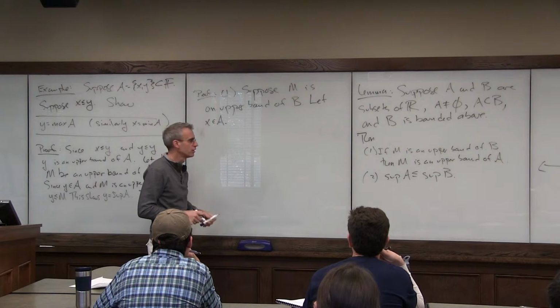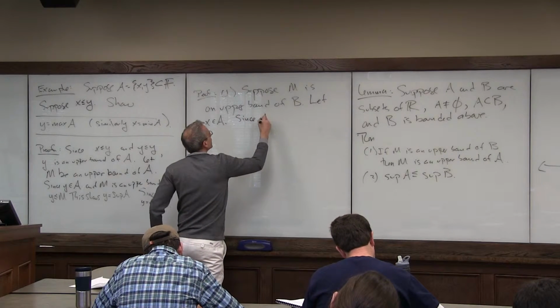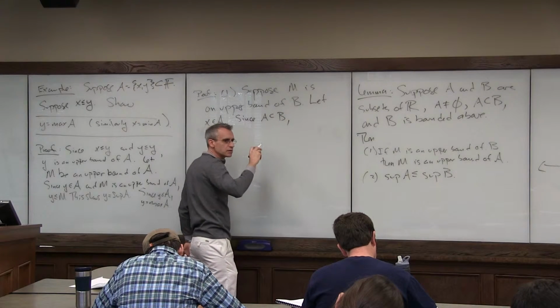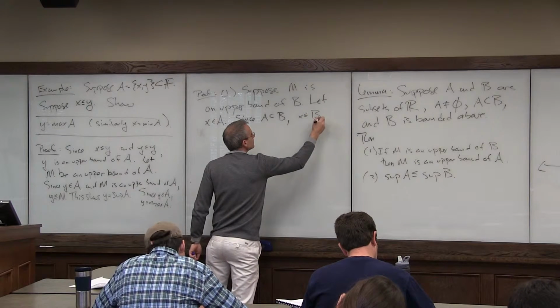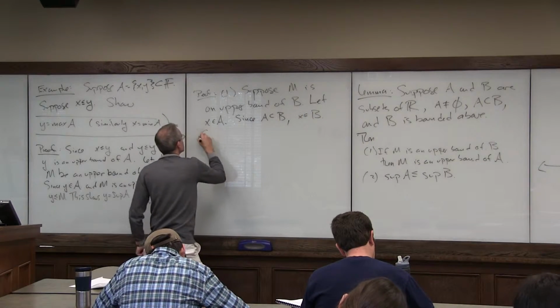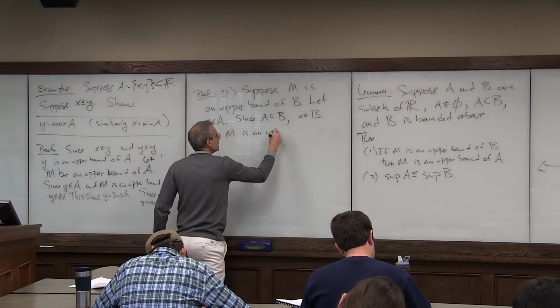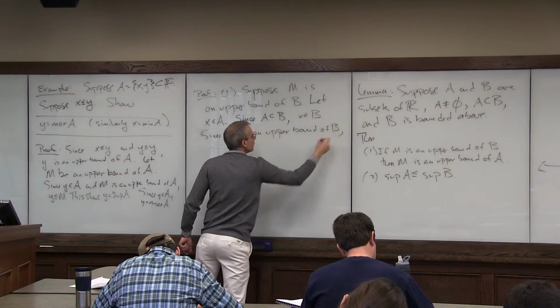Okay, so then I already heard the next line, right? Since A is a subset of B, what do we know about X? X is an element of B. And since M is an upper bound of B, what do we know?